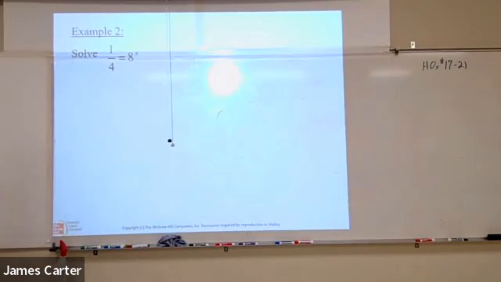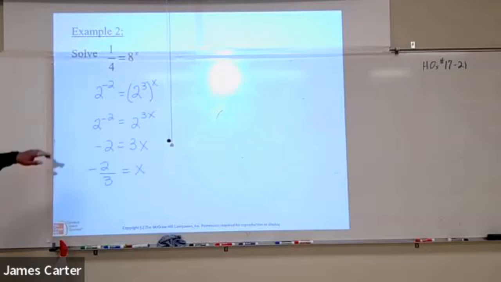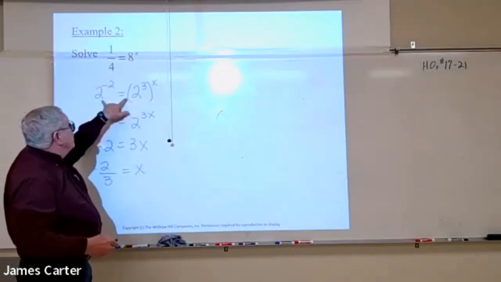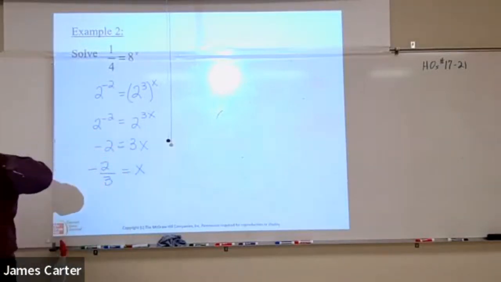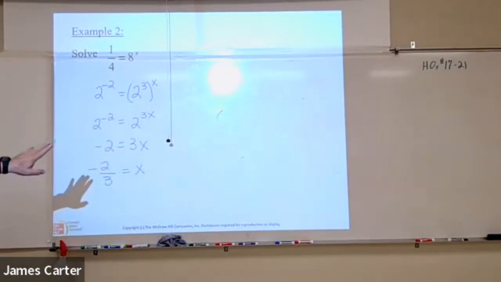Now, here again, we're going to have the same base. That's 2 to the negative 2 power, and that's 2 to the 3x power. And that one will work. In this case, we were still able to get the same base, and both of these are problems we've previously done.